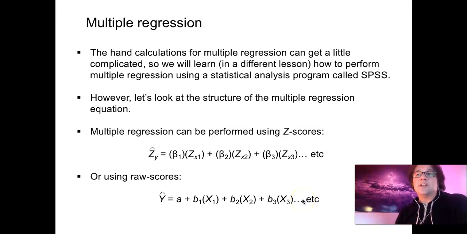So multiple regression is just an extension of what we've been doing, but in this case, each predictor is going to have its own slope for raw scores. For standardized, they're each going to have their own standardized regression coefficients.